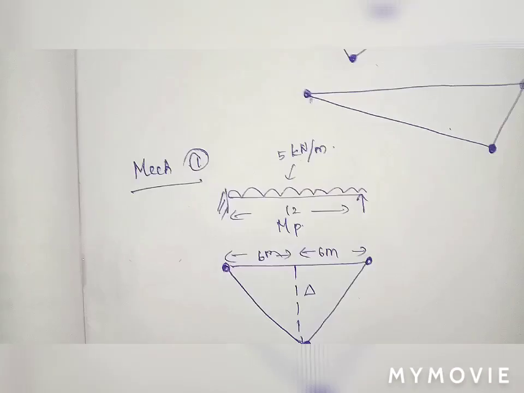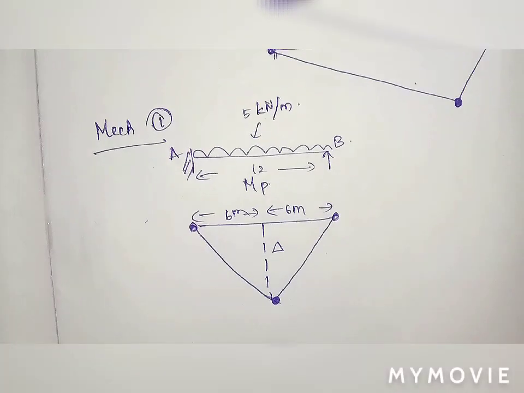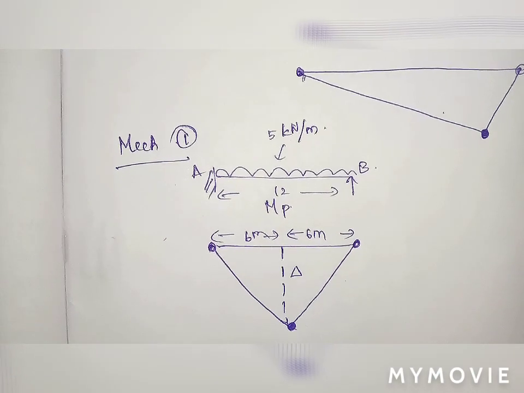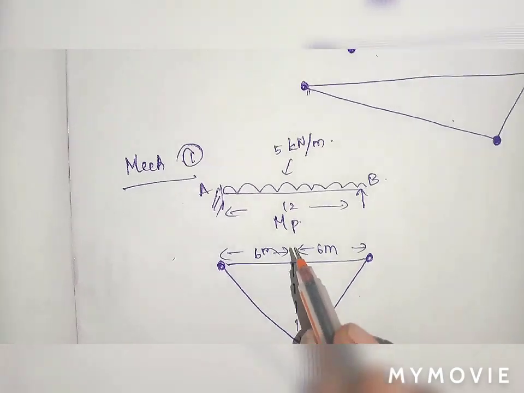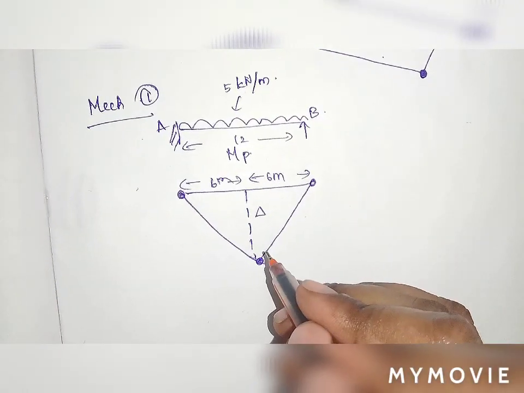Okay, so the first mechanism is the AB section. In the section AB there is a uniformly distributed load over a length of 12 meters. I have drawn the mechanism and located the hinges.